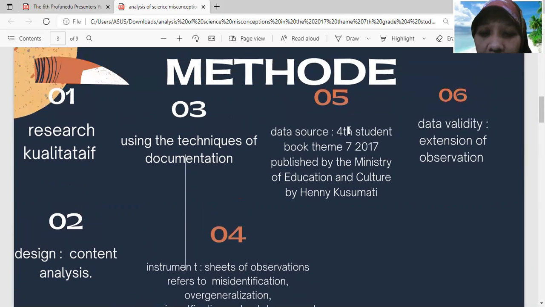The data source is the student book Theme 7, 2017, published by the Ministry of Education and Culture by Henny Kusumastuti. The data validity is extension of observation.